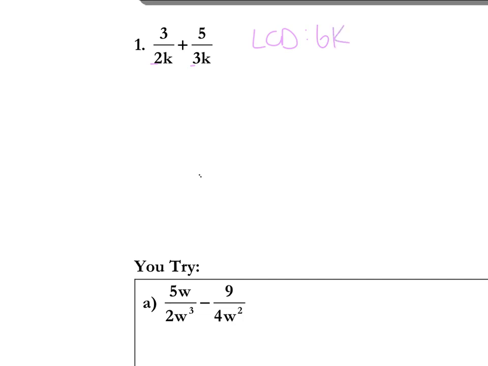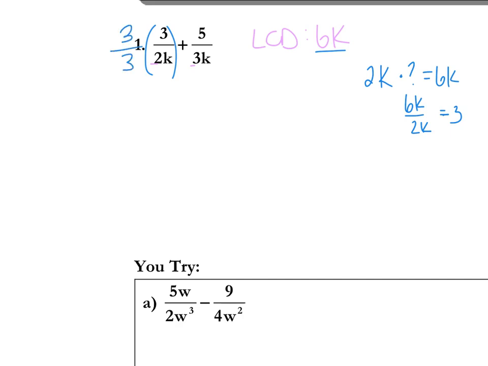So we have to decide, what do I have to multiply this first fraction by in order to get the denominator to look like 6k. So one way you could do that is to take 2k and multiply it by something to equal 6k, or the inverse of that, 6k divided by 2k equals 3. So I have to multiply both top and bottom by 3/3.